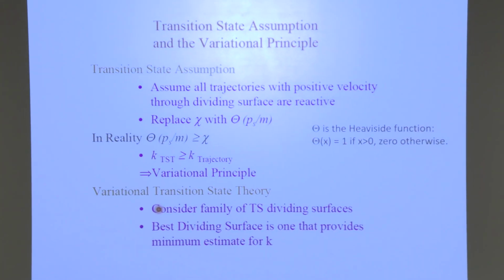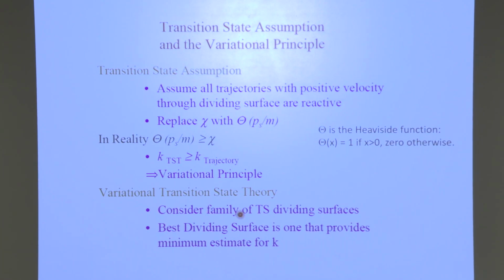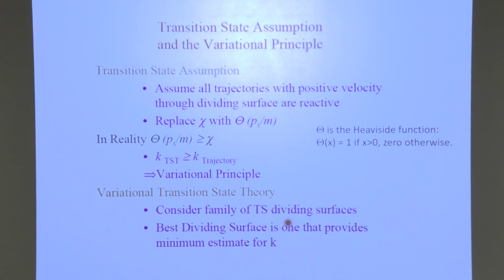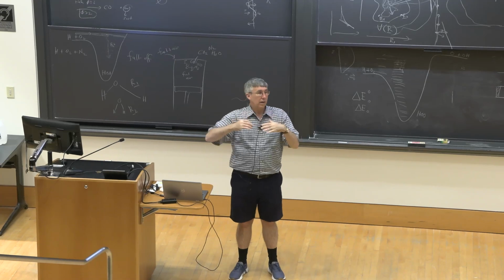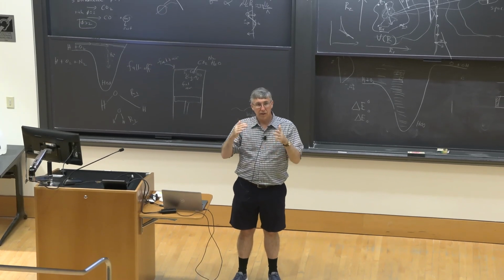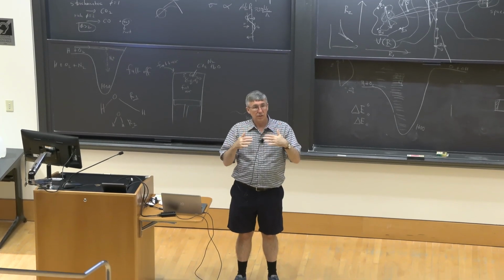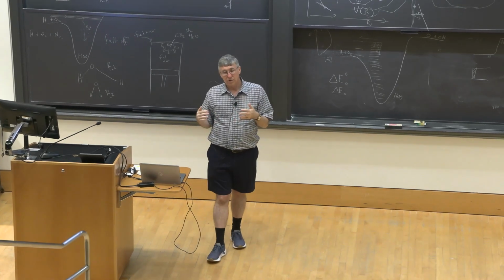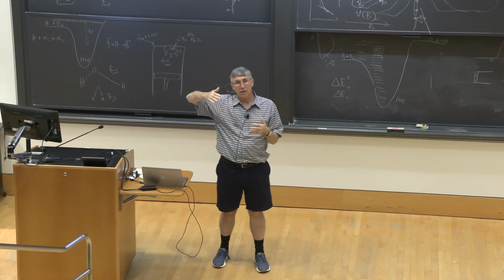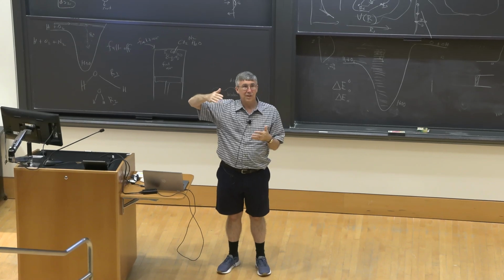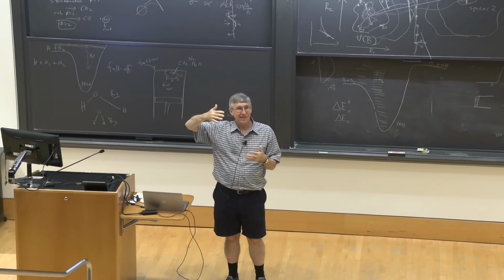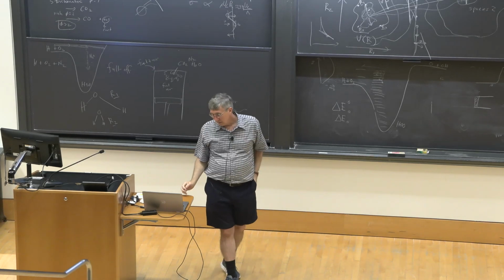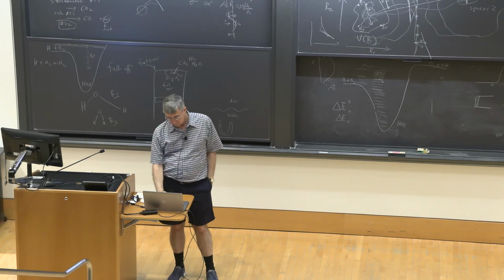And so there's a whole version of transition state theory called variational transition state theory, where they spend a lot of time trying to adjust the dividing surfaces and see which one gives the smallest value of the rate. And Stephen Klippenstein is very famous for making software that can do this. It's pretty tricky because the dividing surface is a hyperplane in 3n minus 6 degrees of freedom, and so there are a lot of parameters to define the dividing surface. But anyway, there are some ways to do it.